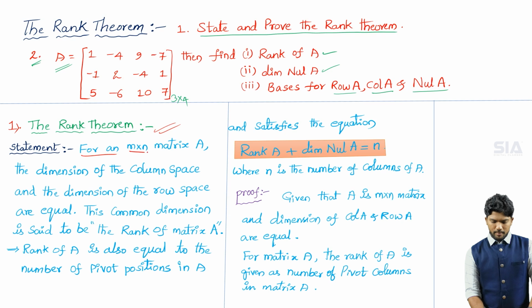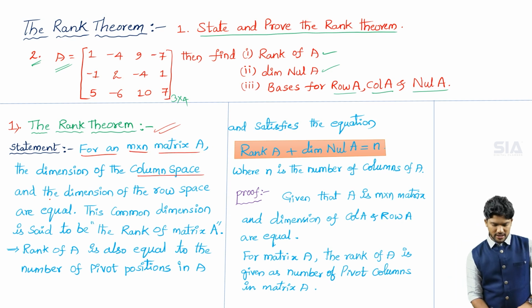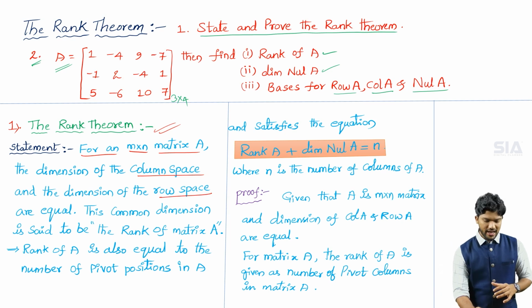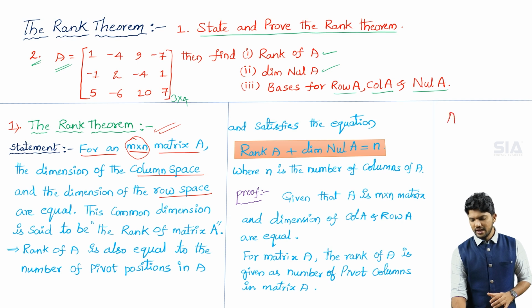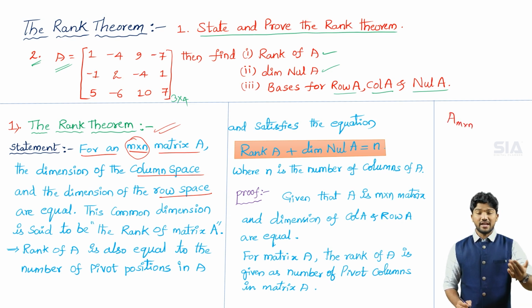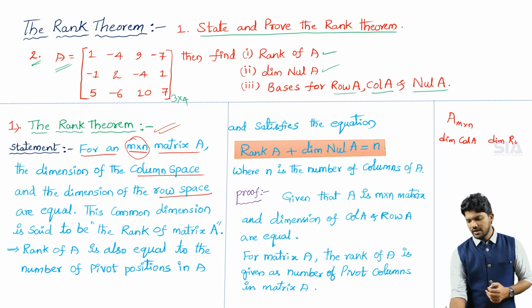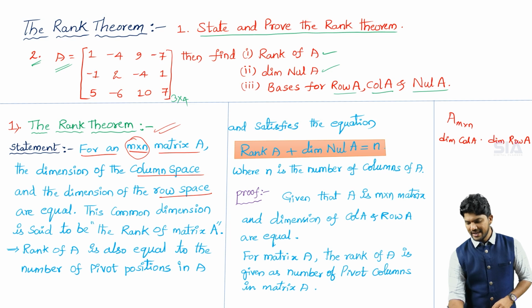For an m by n matrix capital A, for any rectangular matrix, here you can observe the order of the matrix capital A, the dimension of the column space of A and the dimension of the row space of A are equal.